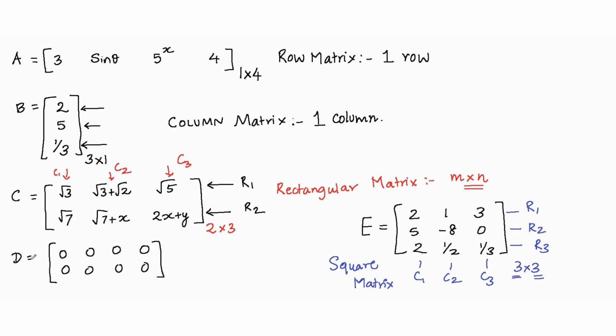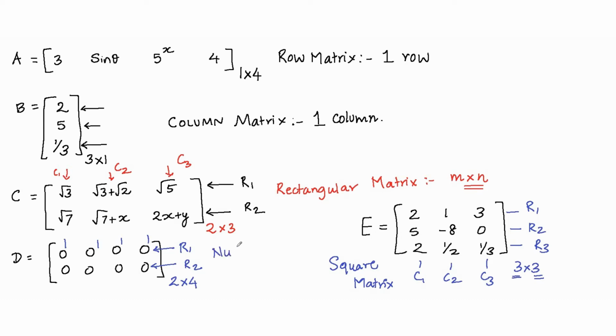Let us now take a look at the matrix D. In the matrix D, you will notice that all the elements are 0. So what is the order of this matrix? There are 2 rows, row 1 and row 2, and there are 4 columns, 1, 2, 3 and 4. Therefore, the order of this matrix is 2 rows by 4 columns, but all the entries in this matrix are 0.